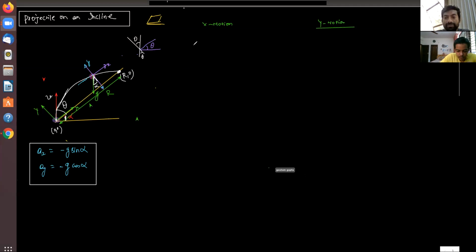So ux will be u cos theta, and uy will be u sin theta. Ti is 0 in this case and Tf is equal to T, the time of flight. Then you write ax as minus g sin alpha and ay as minus g cos alpha.